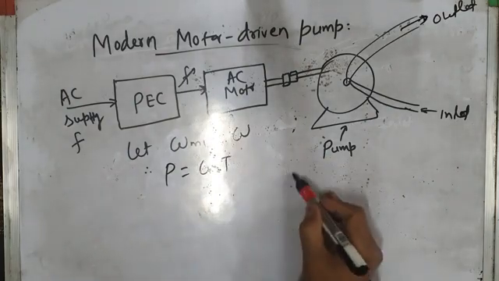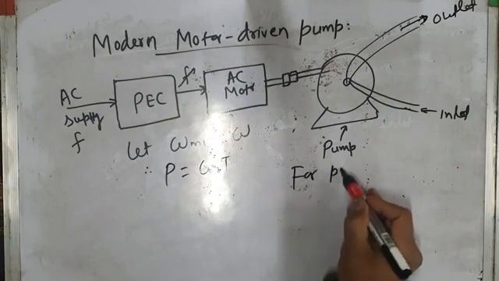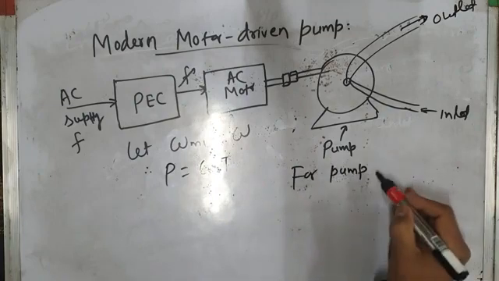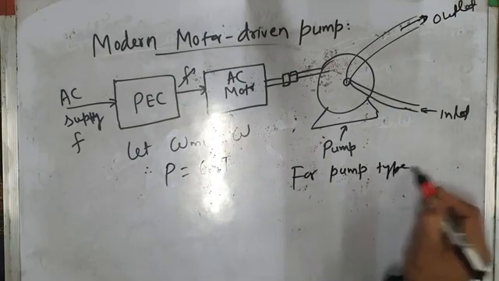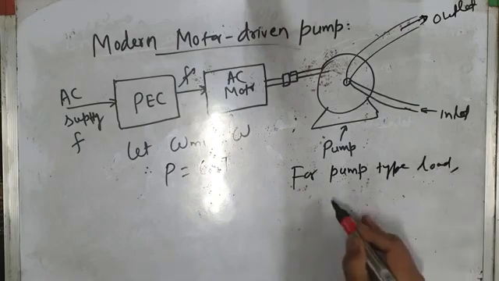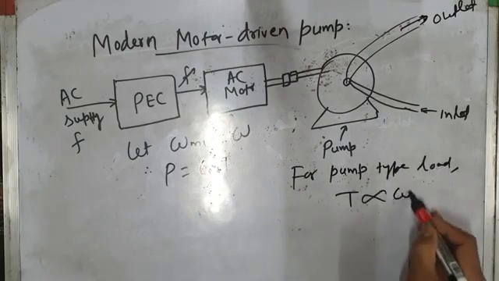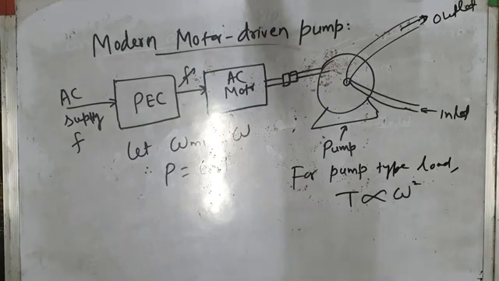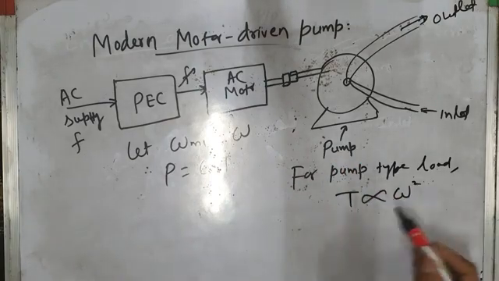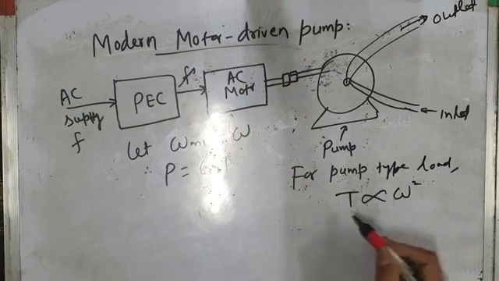For pump type of load, I am sure all of you know, what's the relationship between torque and speed? Torque is directly proportional to square of the speed. For constant torque load, torque is independent of speed. But for pump type of load and fan type of load and also blower type of load, this is the relationship between torque and speed.